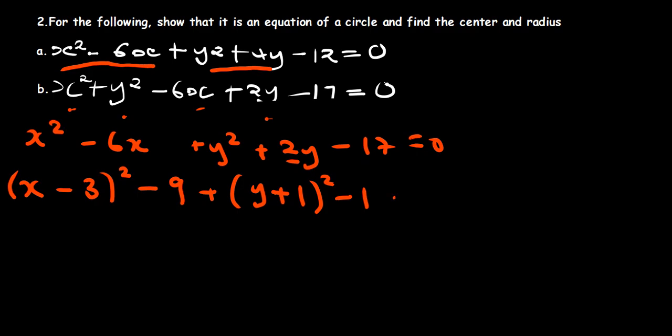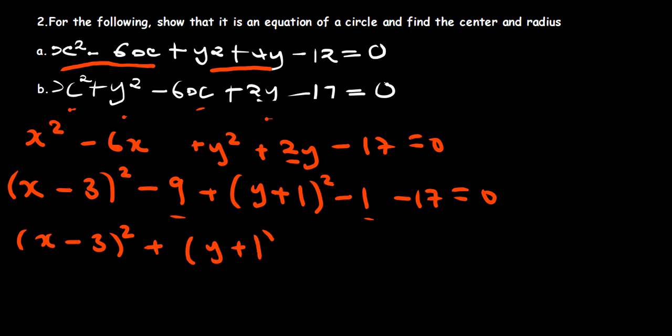Then minus 17 is equal to 0. What do we get when we add negative 9, negative 1 and negative 17? Alright, negative 27. So that's going to be minus 27. So now I can move the 27 to the other side, which will give me something like this.